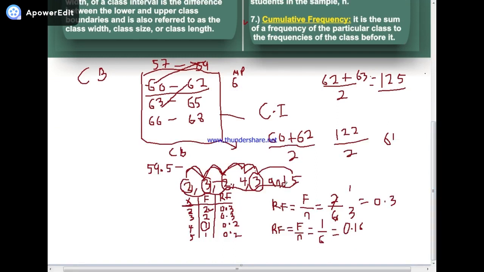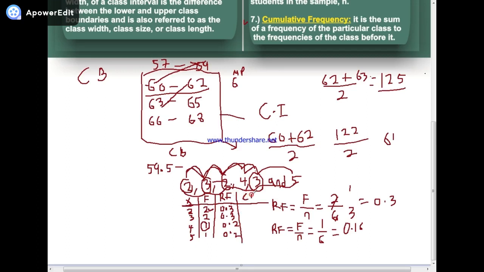What they are trying to say is that it is the sum of the previous frequency and the next frequency. If you look at this particular data here, our frequency table is 2, 2, 1, 1. Now, your cumulative frequency will be what?